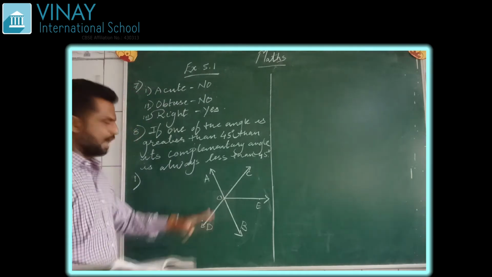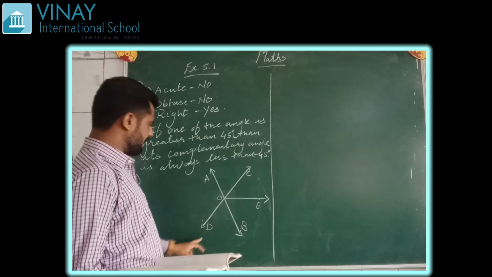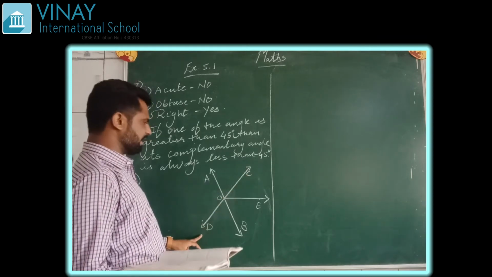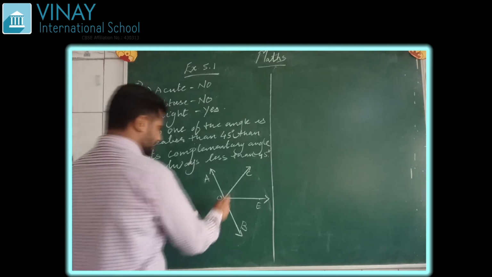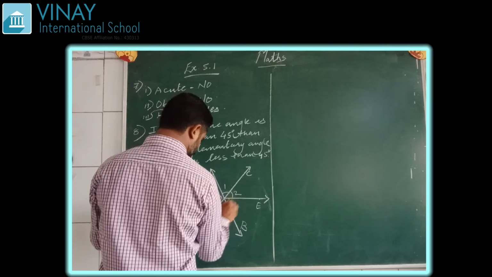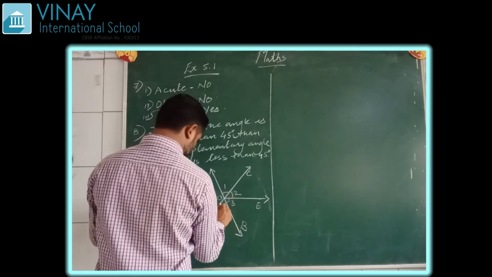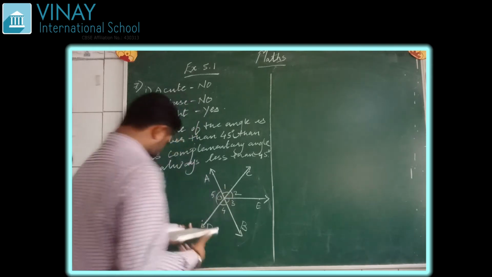Line AB is intersecting line CD and OE is one of the rays. Here the names of the angles are given: angle 1, angle 2, this is angle 3, this is angle 4 and this whole is angle 5.